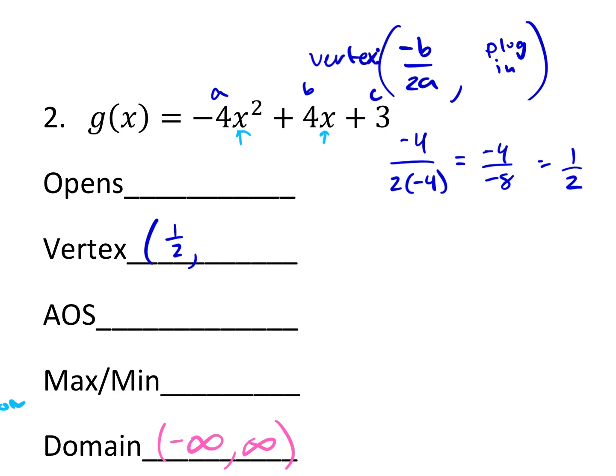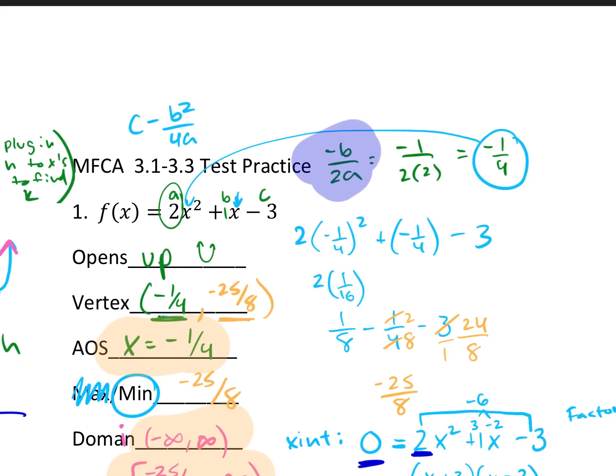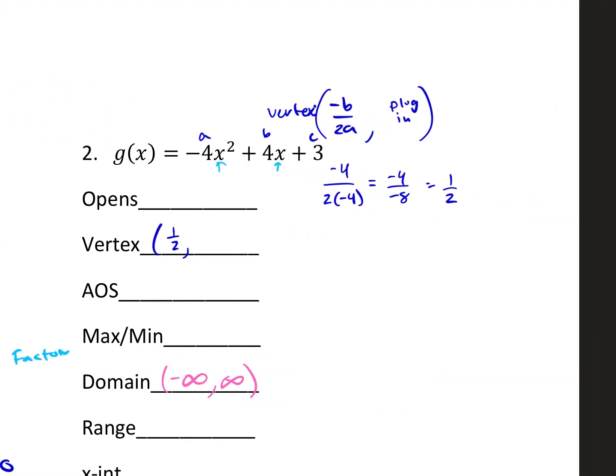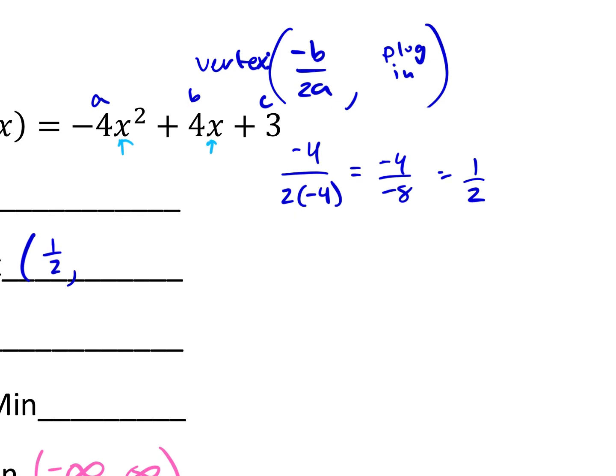In the video, it talked about another formula, which is c minus b squared over 4a. If you want to, you can use that formula, but I think it's just easier to plug it into the x's. So we have negative 4 times 1/2 squared plus 4 times 1/2 plus 3.